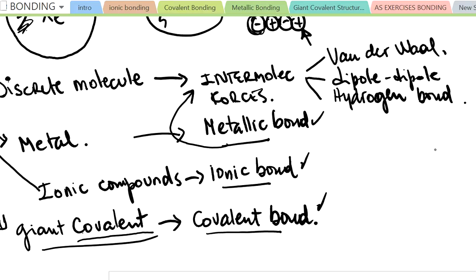So if I need to melt a compound that has only van der Waals forces, first of all, most of the time they are going to be gases. In the second one, dipole-dipole, I say here that they are most of the time gases, because we have some liquids here.